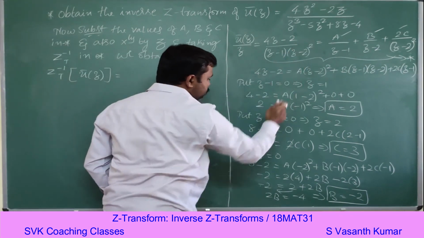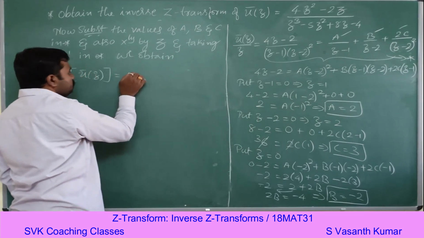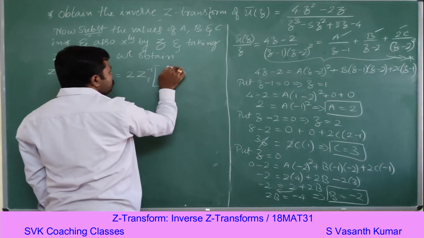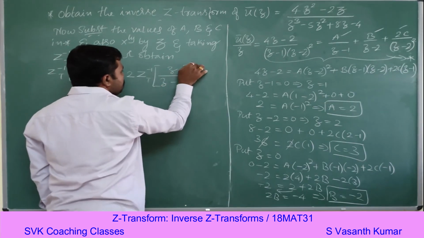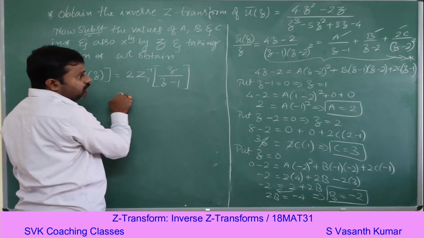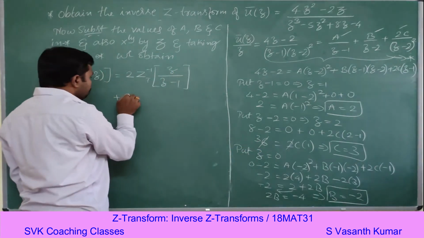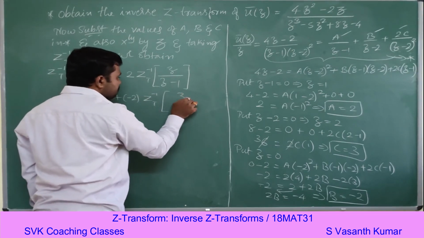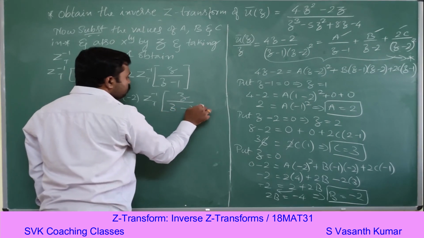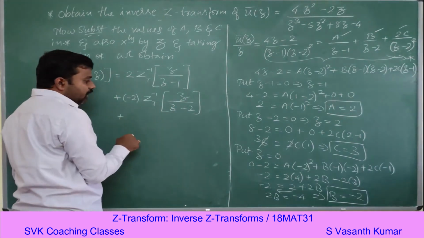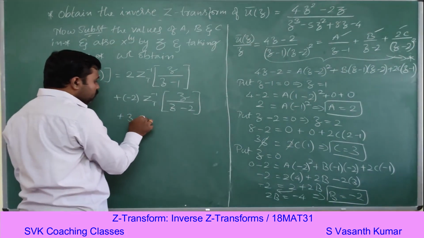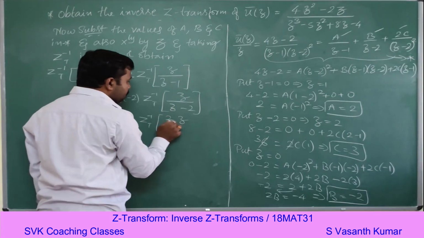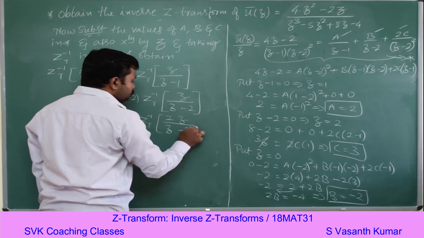the value of A is 2. You can take out that outside. 2 into Z-transform inverse of, I am multiplying by Z, therefore Z by Z minus 1 plus the value of B is minus 2 taken outside, minus 2 into Z-transform inverse of, I am multiplying by Z, Z by Z minus 2 plus the value of C is 3 into Z-transform inverse of 2 should be retained as it is, 2Z divided by Z minus 2 the whole square.